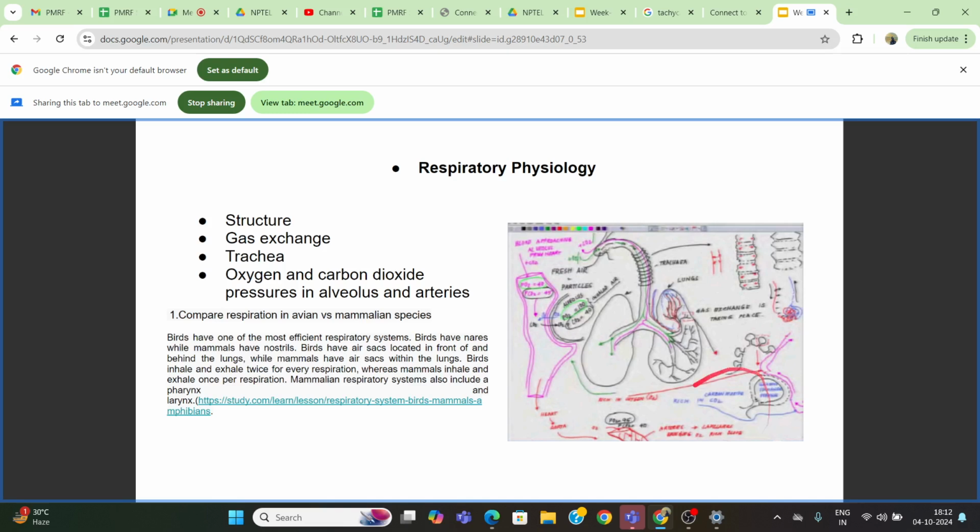But the oxygen partial pressure is higher in the alveolus, so that's why we are able to exchange the oxygen with the surrounding veins, and then deliver the blood onward. Okay, so that's about the basic structural difference.